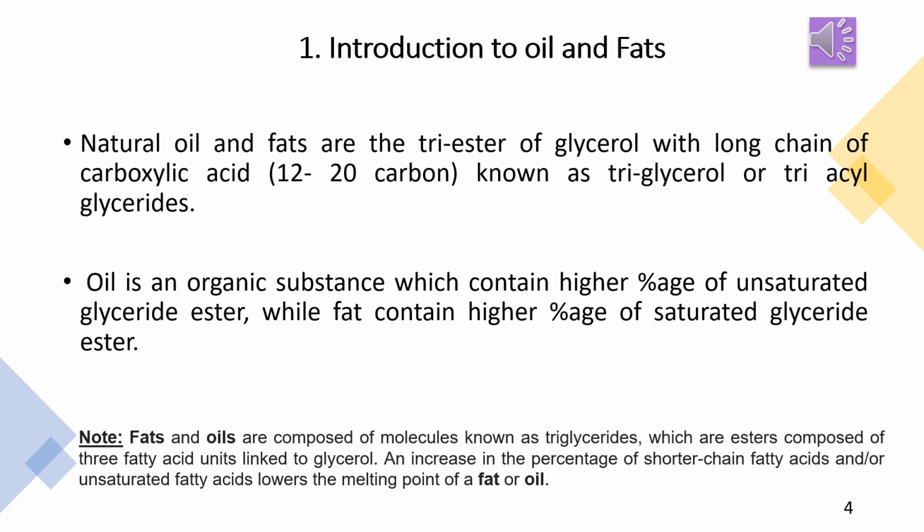So what is the effect of shorter chain fatty acids or unsaturated fatty acids in fats or oils? Increasing their amount lowers the melting points of fats or oils. That's how the percentage of fatty acids or unsaturated fatty acids affects the melting points of fats or oils.